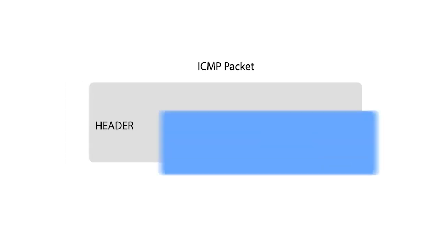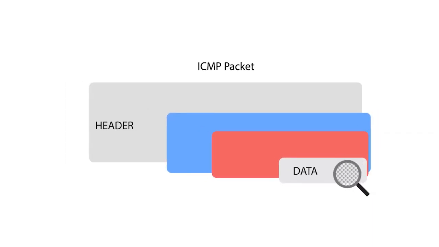It has a header with a few fields and a data section that's used by a host to figure out which of their transmissions generated the error. The first field is the type field, 8 bits long, which specifies what type of message is being delivered. Some examples are destination unreachable or time exceeded.